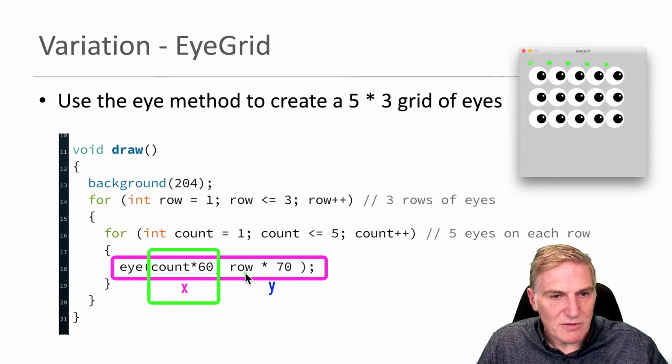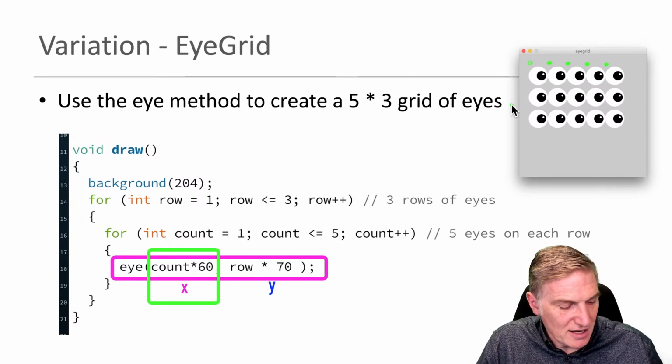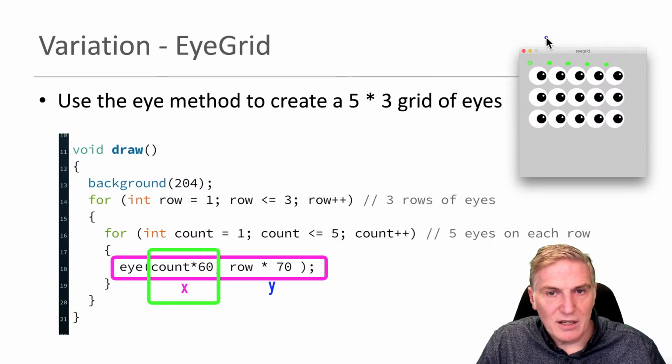And then the row is, what's the current value of row? So it's either going to be 1, 2, or 3 multiplied by 70. So again, I just change that. We're saying the row is down 70 for the first eye.